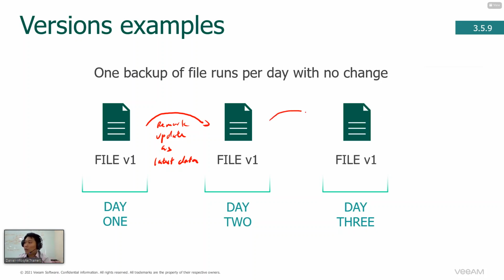I will then remark the same file again to be the day 3 backup data copy in my repository. Using this method, most files, if there are no changes going on, will sit in the repository until they are deleted. If not, they will get refreshed as the latest date until the file is no longer in use.